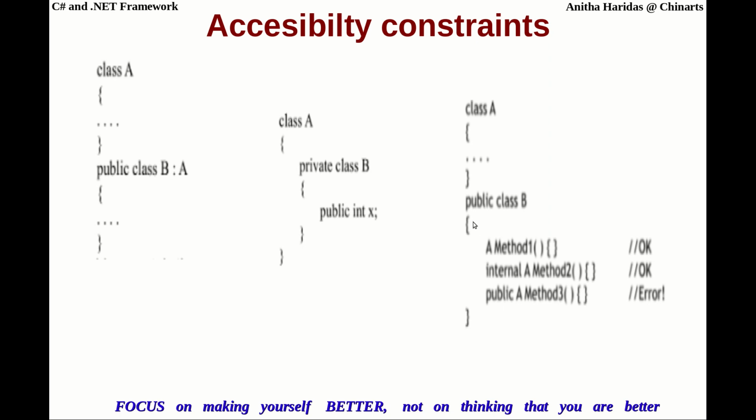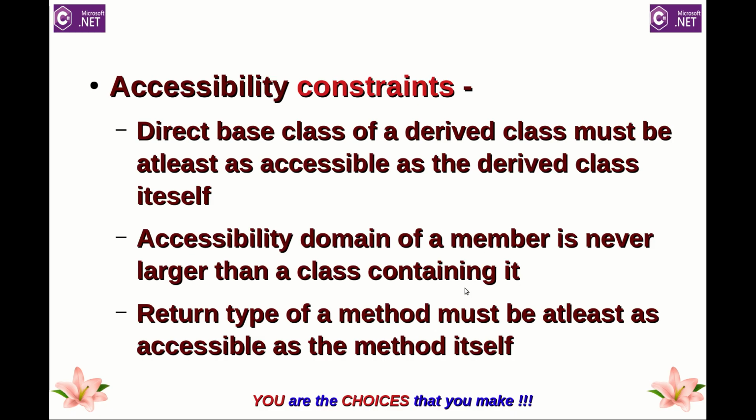Why? Because class A itself has only internal accessibility. If so, the object returned cannot be a public object. It can be only internal. I repeat, the return type of a method must be at least as accessible as the method itself.